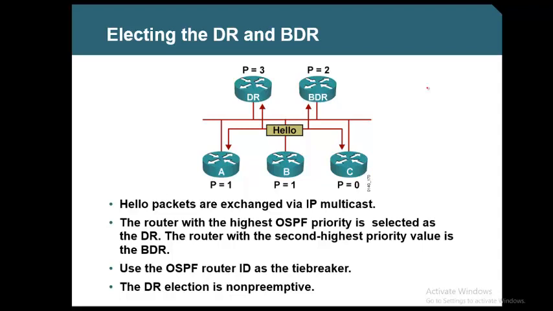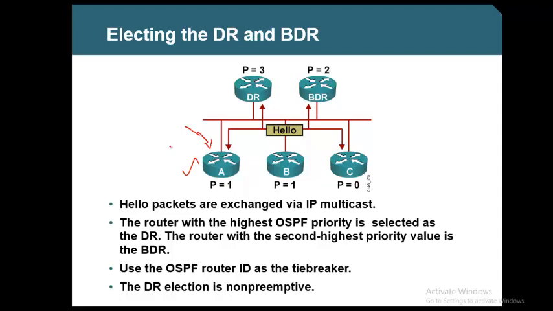The DR election is non-preemptive. What is non-preemptive? Once a router becomes DR, it will remain DR even if a superior hello packet comes. For example, you configure this router first. When you are configuring OSPF on this router, there is no other router running OSPF.